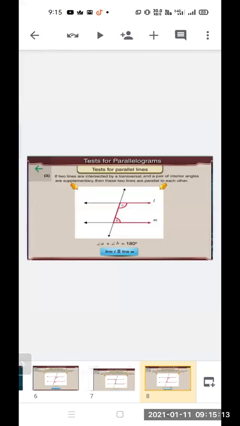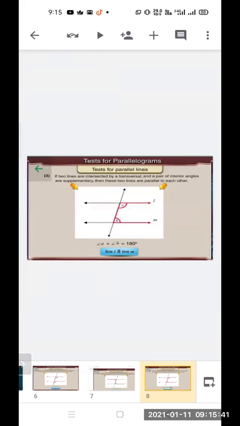Okay, so these lines cannot be parallel unless and until the tests are satisfied or fulfilled, children. Unless these tests are fully fulfilled, you cannot say that the given lines are parallel. In order to show that two lines are parallel, they should fulfill the given tests.